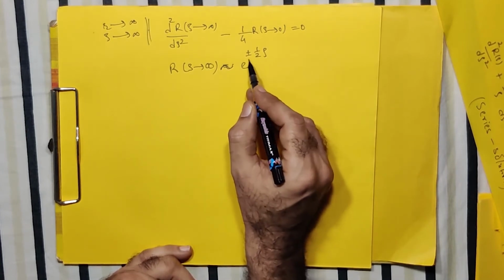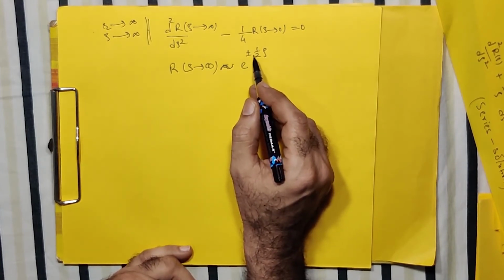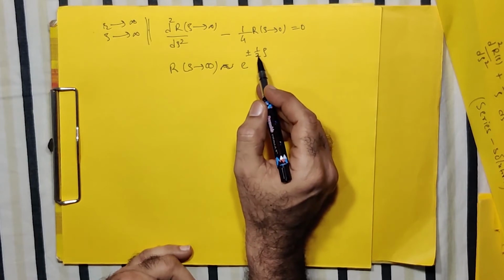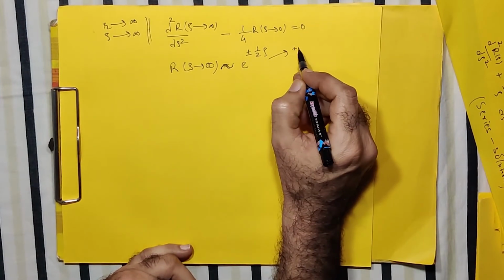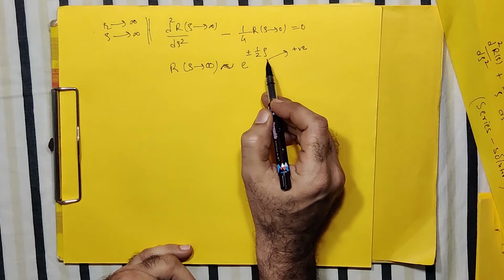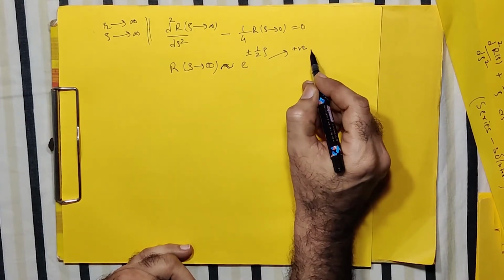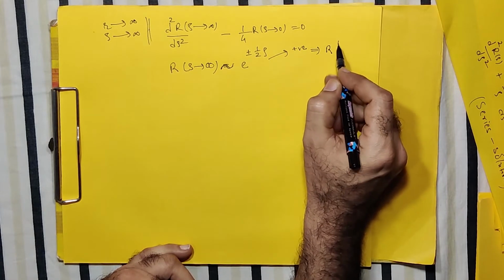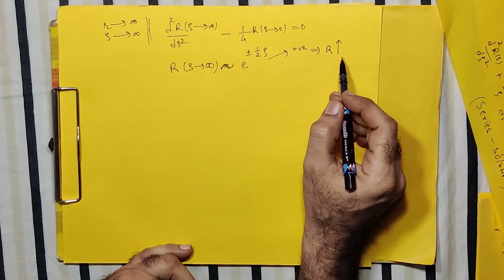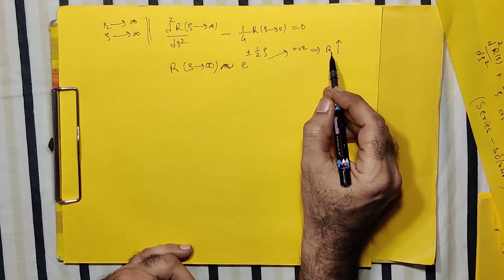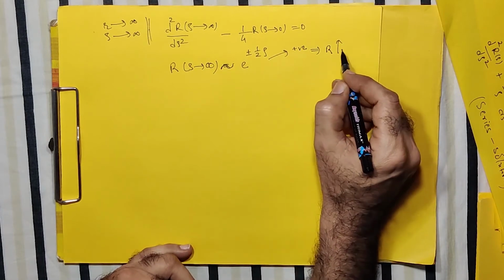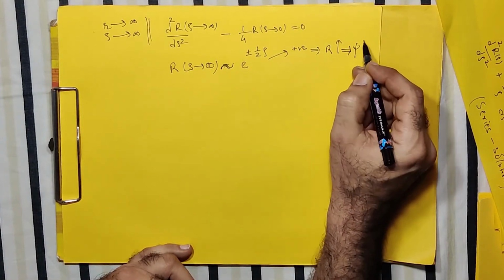Mathematically, both plus and minus signs are allowed, but we know that if we assume the plus sign, then as rho increases, exponentially this part increases, so your R will increase. And as R increases, R multiplied by Y theta gives you psi, which increases.